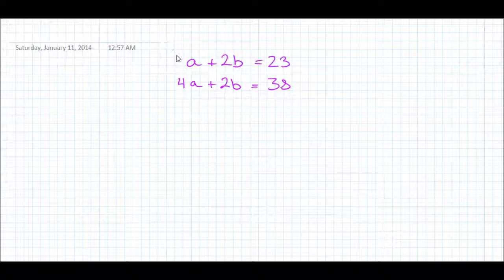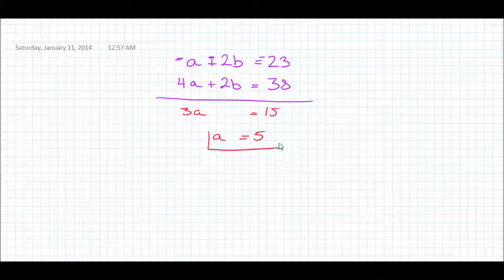Well, let's subtract and let's change the top one. So when we subtract them, the values are going to change. Negative a plus 4a, or 4a minus a is 3a. The b's go away, and 38 minus 23 is 15. So 3a equals 15. So a must equal 5.